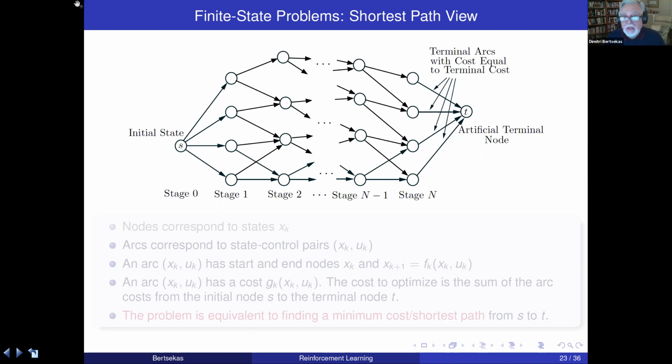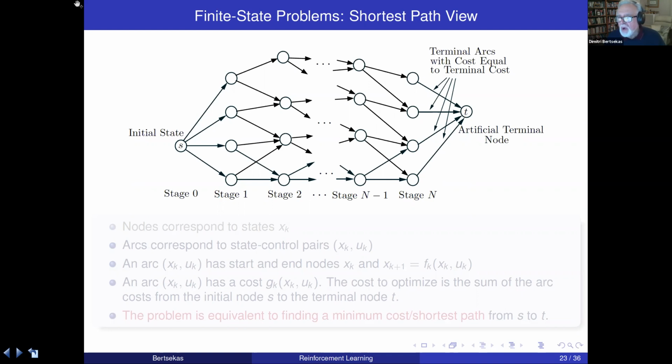Like in chess, there's only a finite number of positions. On the other hand, the state space could be something like the set of all probability distributions over a finite set, or it could be the set of three-dimensional positions and velocities of a vehicle.